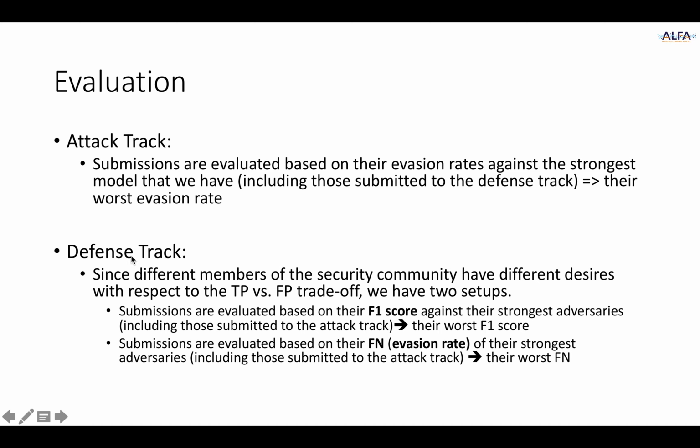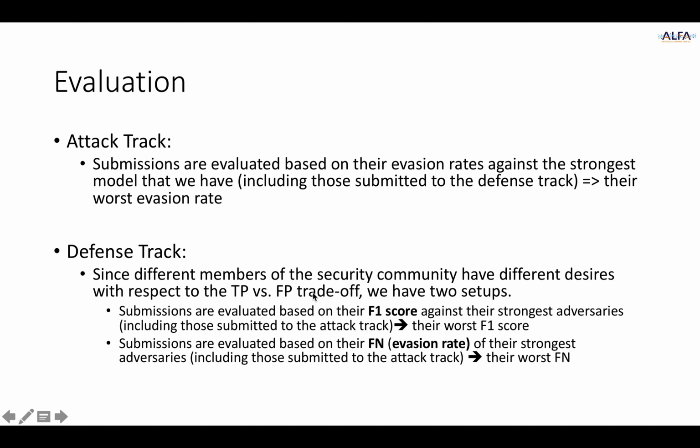Now for the defense track, since different members of the security community have different desires with respect to the true positive and false positive trade-offs, we had 2 setups for this evaluation. In one, we evaluated the submissions based on their F1 score against the strongest adversaries, including those submitted to the attack track.